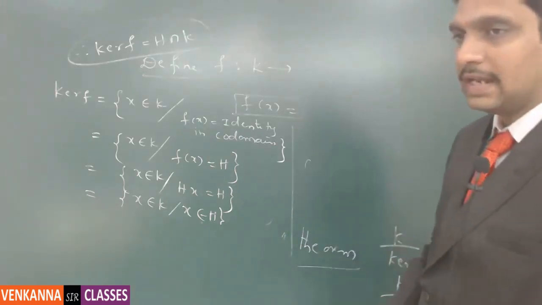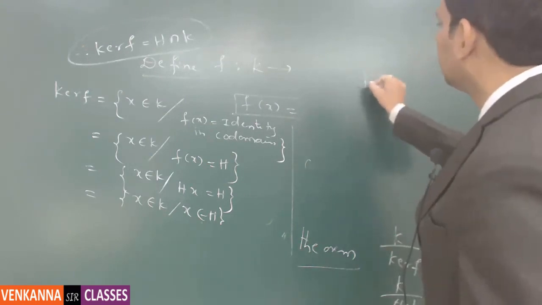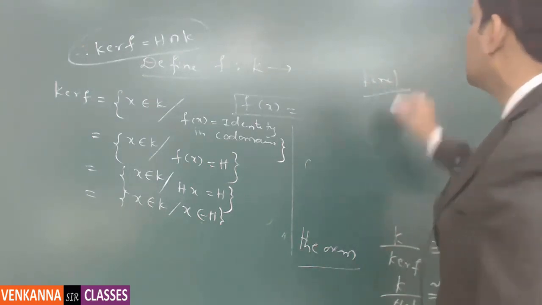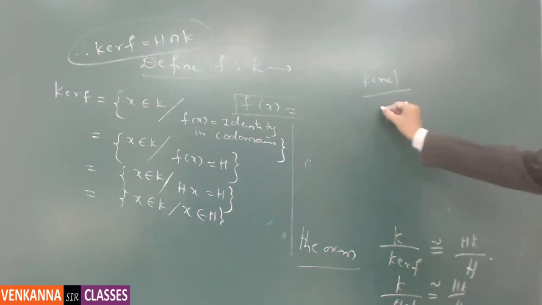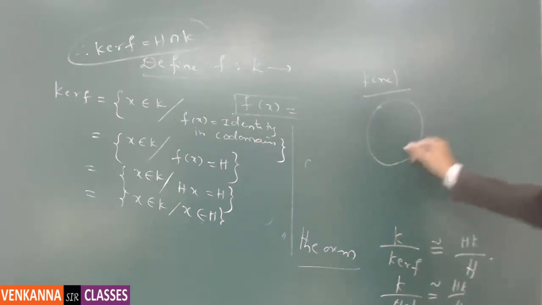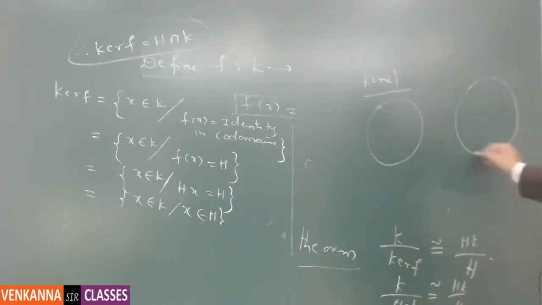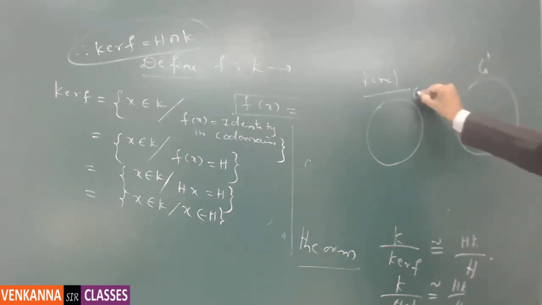So the kernel is nothing but, suppose I have written the sets as, say, this is the group G, this is the group G dash.